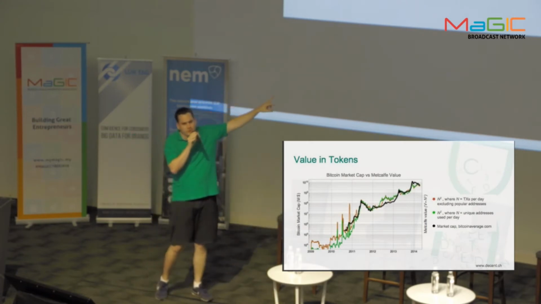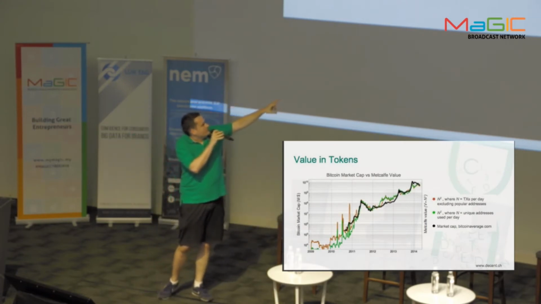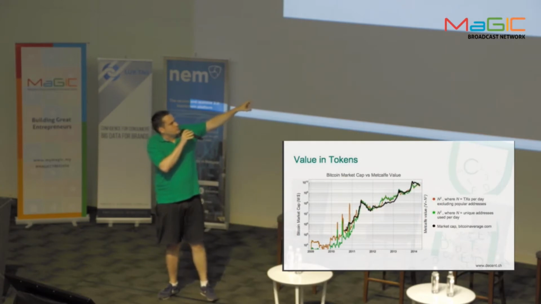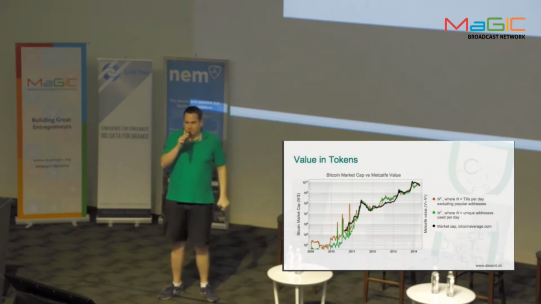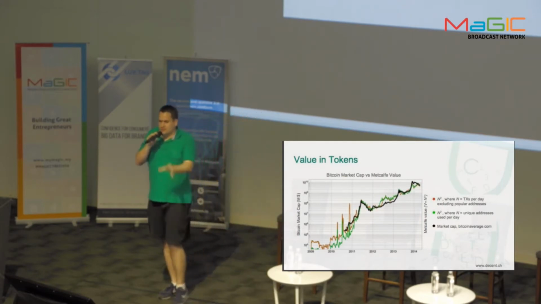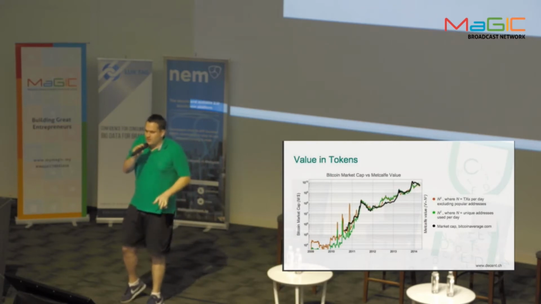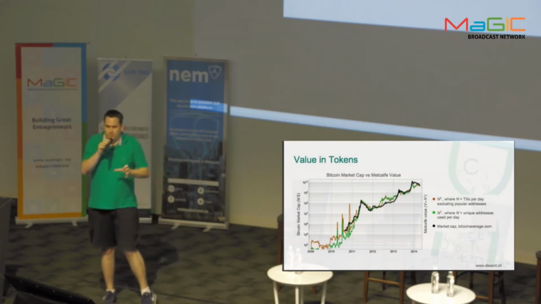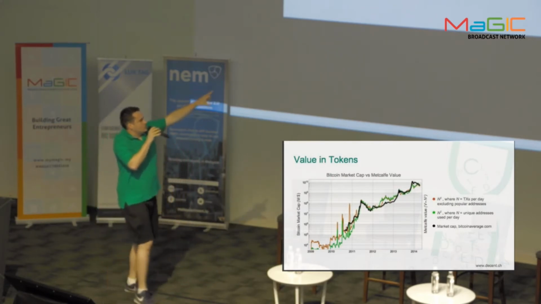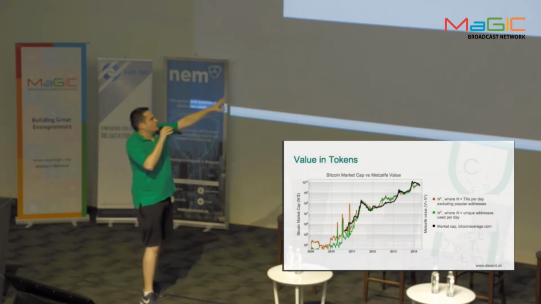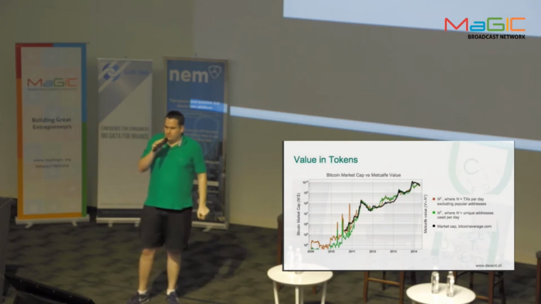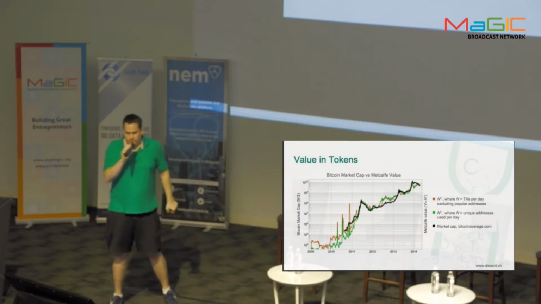There is n squared again, where n equals the number of transactions per day, excluding popular addresses in the Bitcoin network. Yeah. So this is some data taken from the decentralized Bitcoin blockchain. So this is the red one. Then you have the green one, again n squared, where n is the number of unique addresses used per day in the Bitcoin network. So it's again taken from the Bitcoin blockchain.